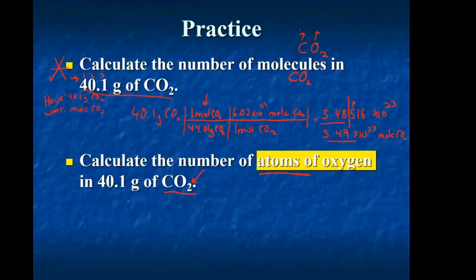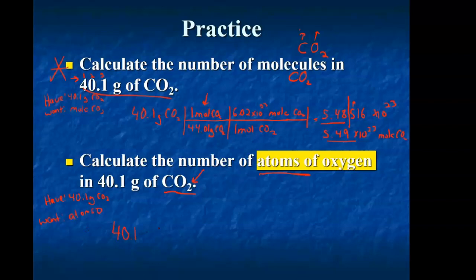So we start very similar. This time we have 40.1 grams of CO2, but we want something different. This time we want atoms of oxygen. So I'm going to try and do this in the exact same kind of way.